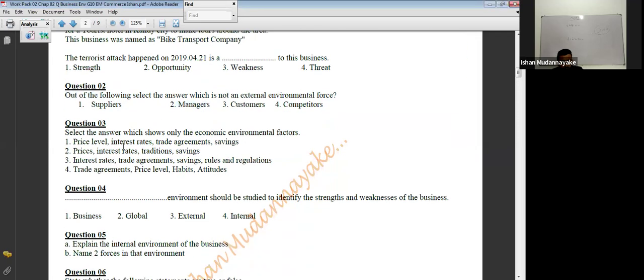Question number 3. Select the answer which shows only the economic environmental factors. What is the answer to this question?